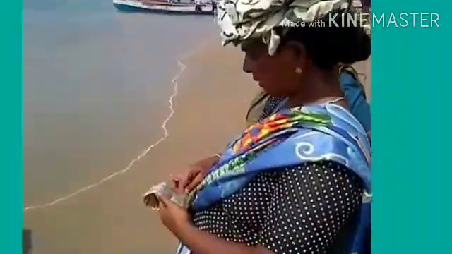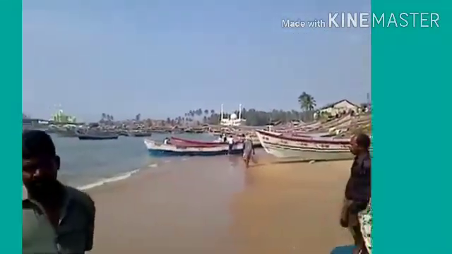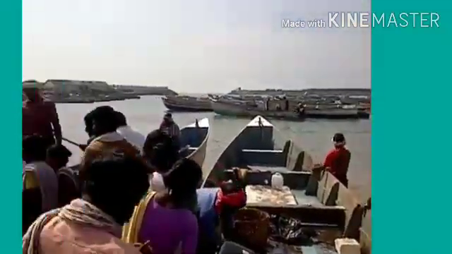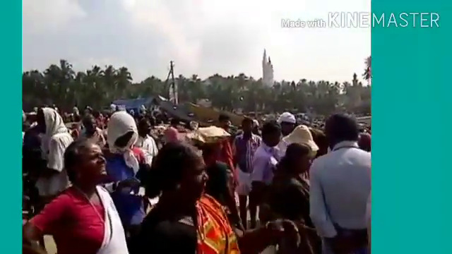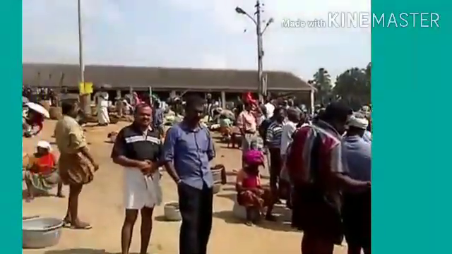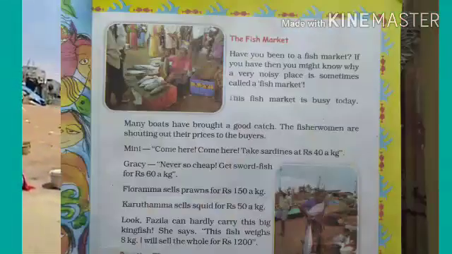The money collected for different fishes is different. All the fishes do not have the same rate, correct? That you know. So here also you can see how busy the fish market is and how happily the fisherwomen are selling their fishes. Okay.